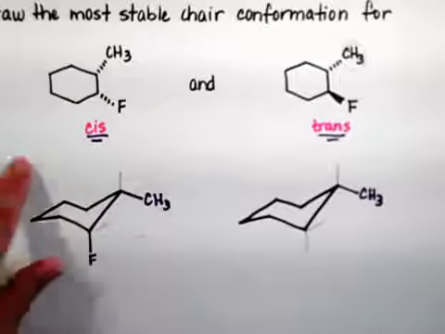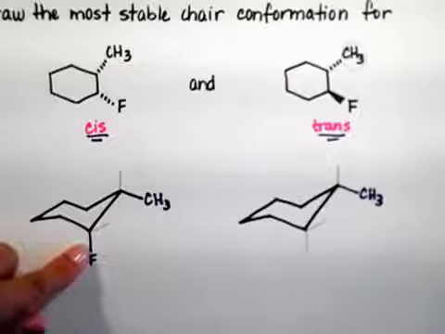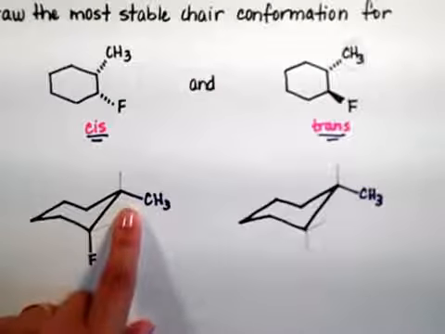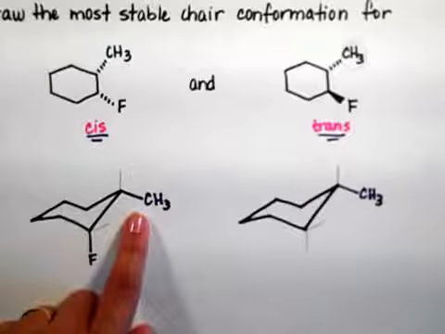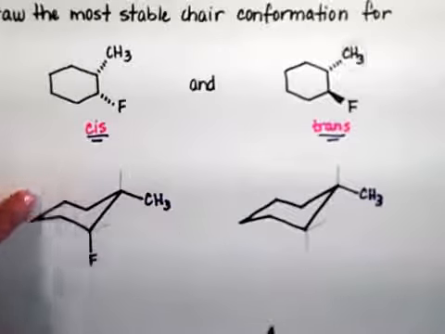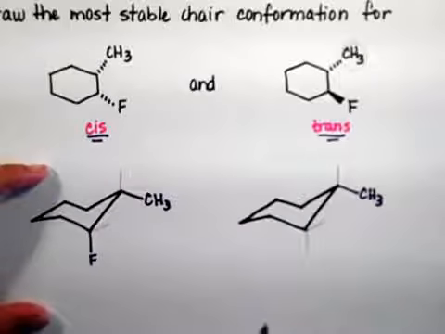If I was to flip this chair, the fluorine would go equatorial, the methyl would go axial, and an axial methyl is less stable. So automatically this right here is the most stable chair conformation for the cis isomer.